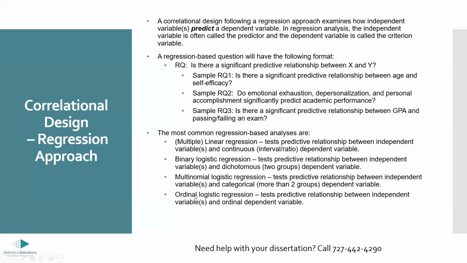That's when you would use an ordinal logistic regression. Or if you're just looking at an individual Likert scale item, something that says strongly agree, neutral, disagree, strongly disagree. If that's your outcome, you can use an ordinal logistic regression as well.